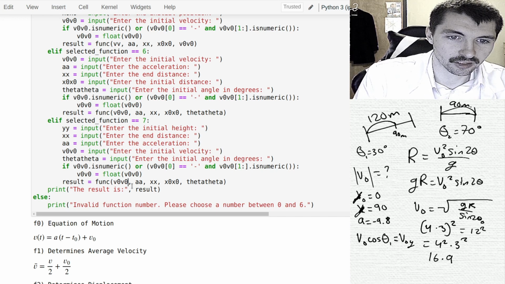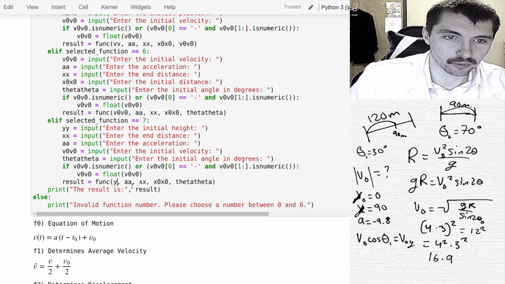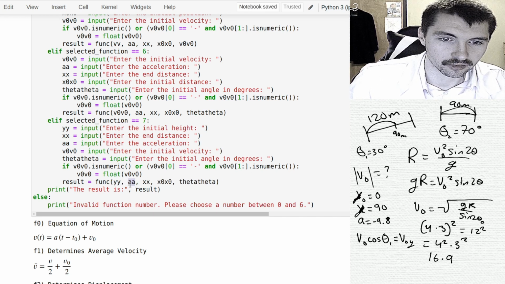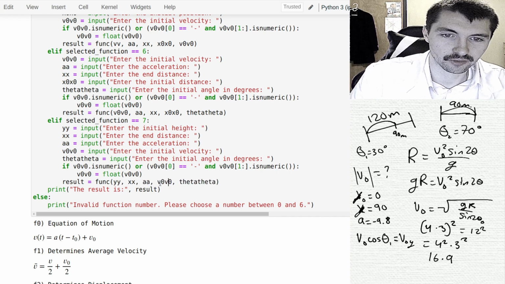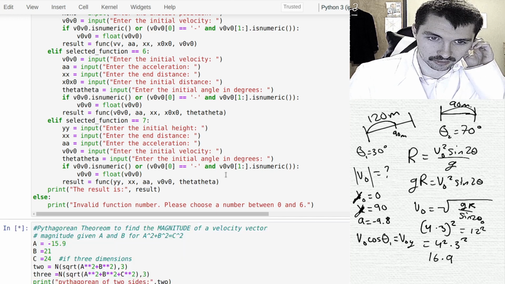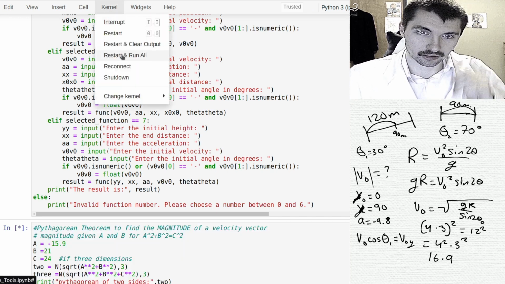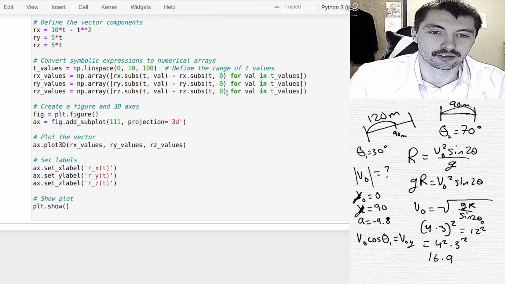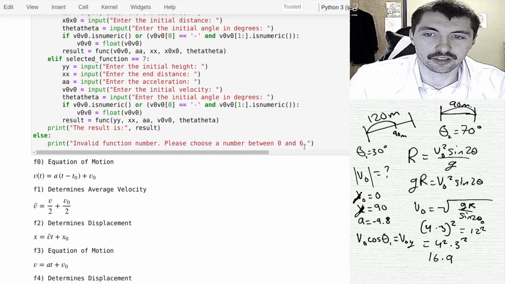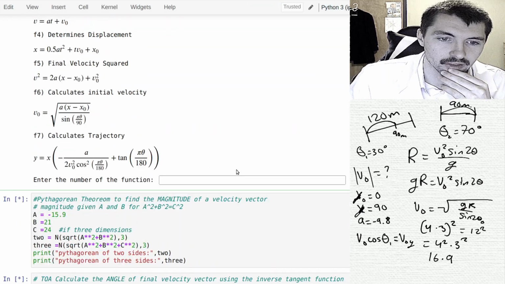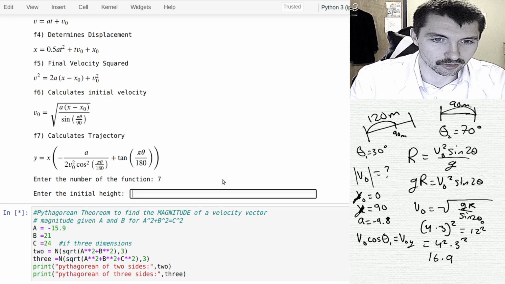Result will be yy, xx, aa, bb. And it should be 7 now. All right. So I want to use 7.